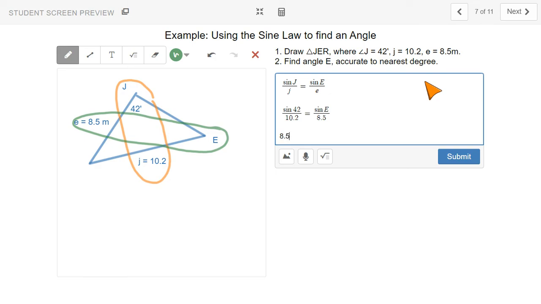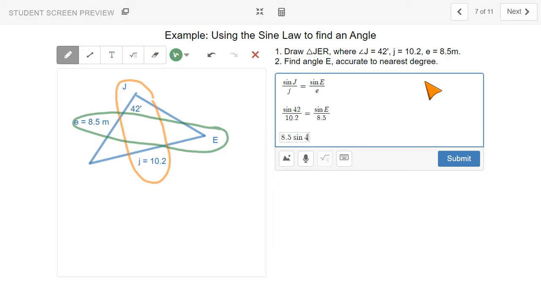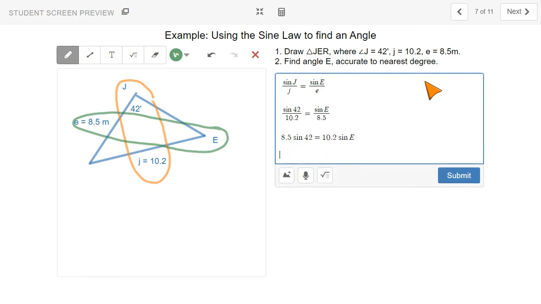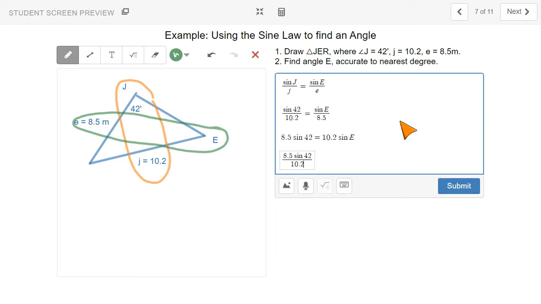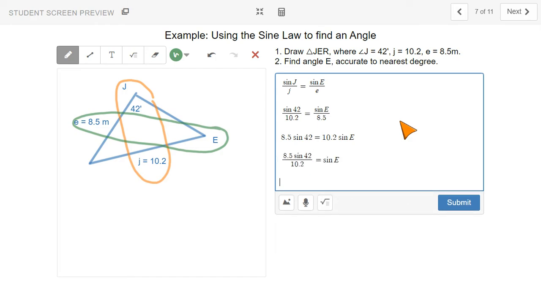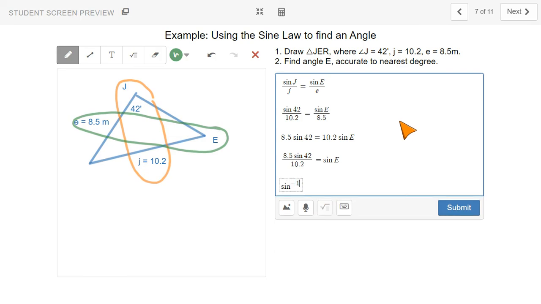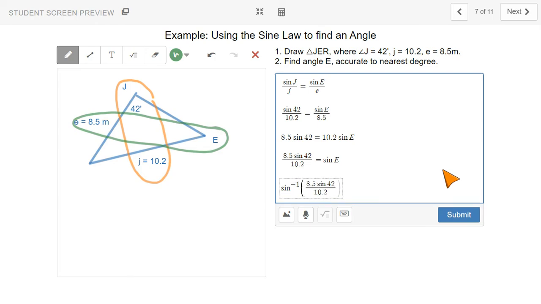Let's cross multiply. 8.5 sine 42 is equal to 10.2 times sine E. Let's divide by 10.2 so that we can isolate for sine E. 8.5 times sine 42 divided by 10.2 is equal to sine E. Let's undo the sine now by taking the inverse sine of this monstrosity on the left, and this is equal to angle E.